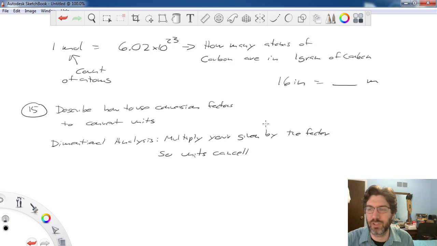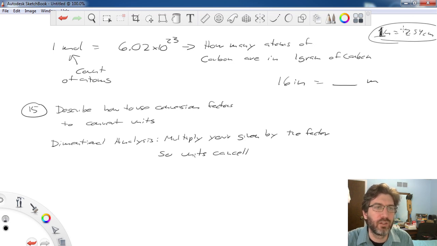So you want to change it to one or the other. And again, you just look up the conversion ratio. Like I thought we had 1 inch equals 2.54 centimeters. So there's a conversion ratio there. And then you can take this to centimeters, and you take centimeters to meters. It'll be fine.